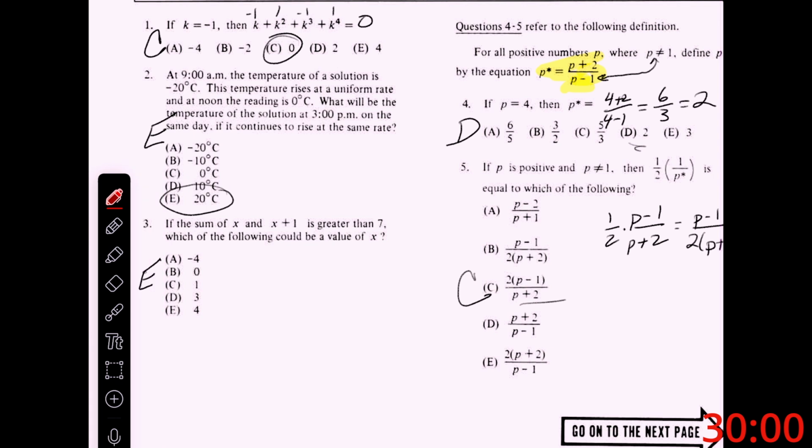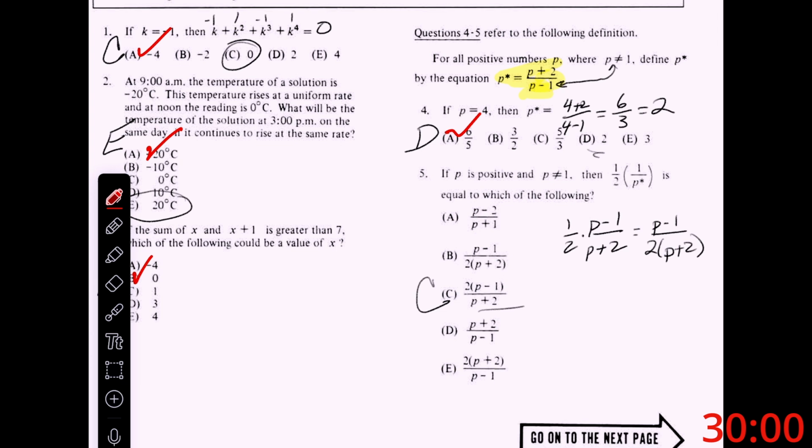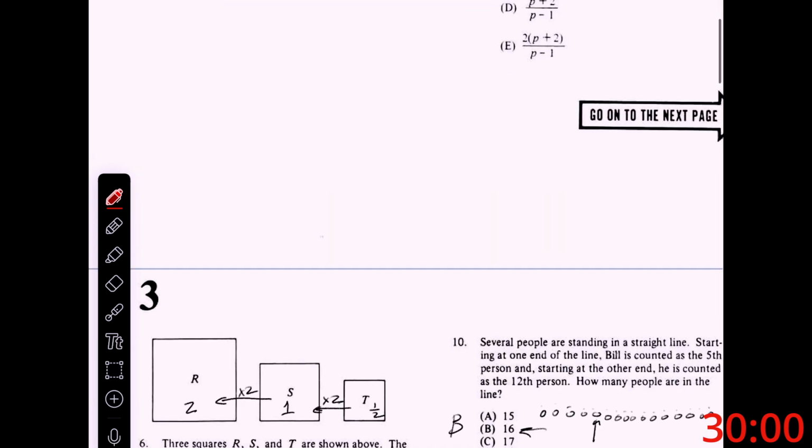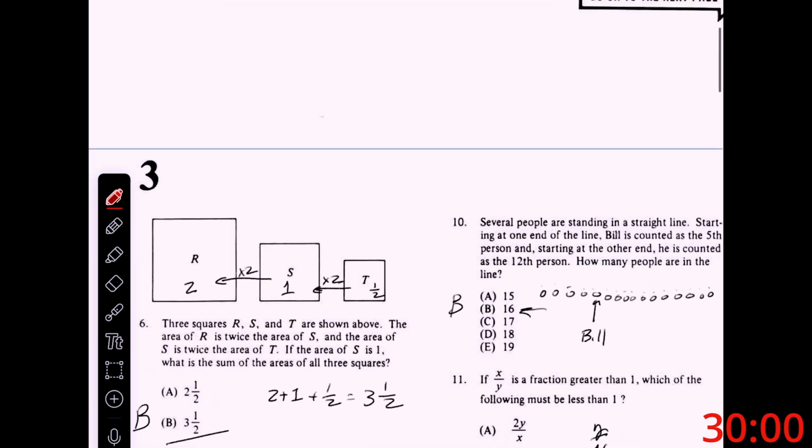Number 1 is C. Number 2 is E. 3 is E. 4 is D. 5 is B. Oh, crap. Yeah, I missed it. That's what I wrote, but somehow I picked the wrong one. Oh well, life's tough all over, right?